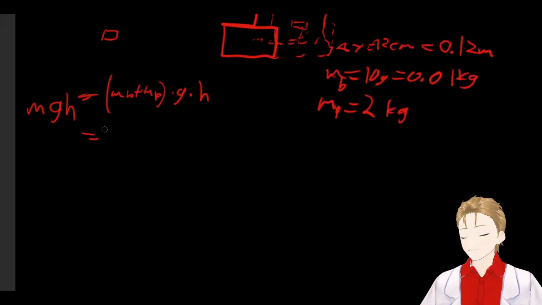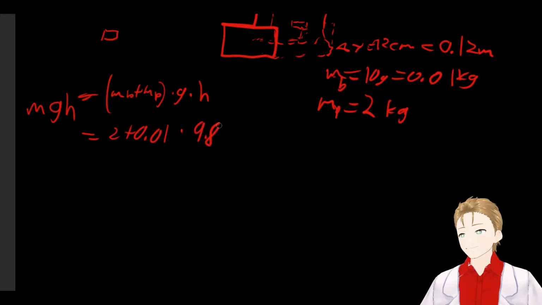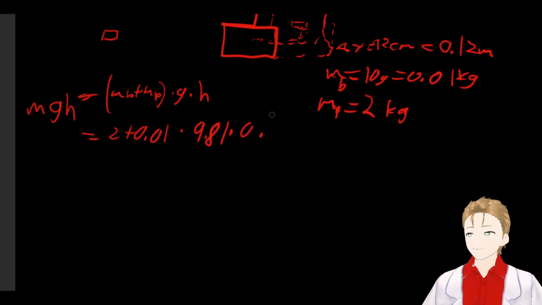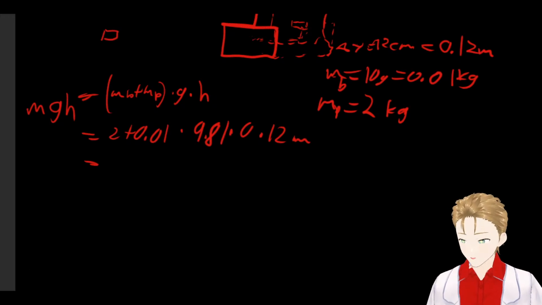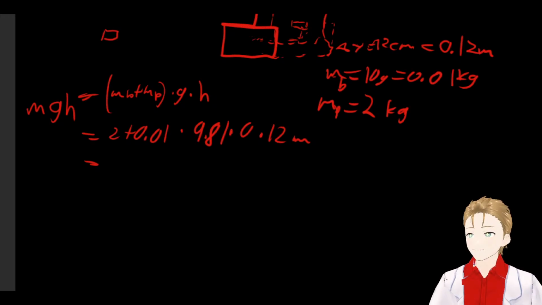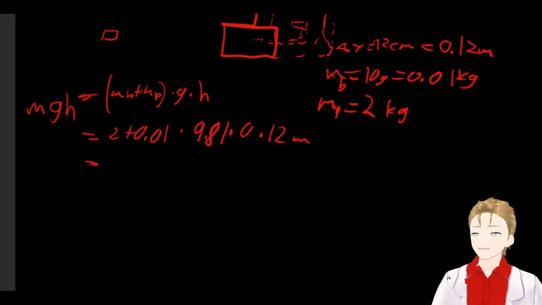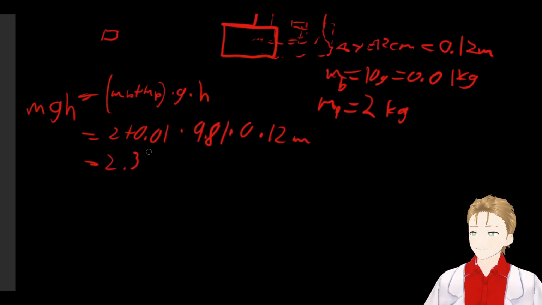Wouldn't this be 2 plus 0.01 times 9.81 times 0.12, and that would be what? 2.01 times 9.81 times 0.12, 2.36.